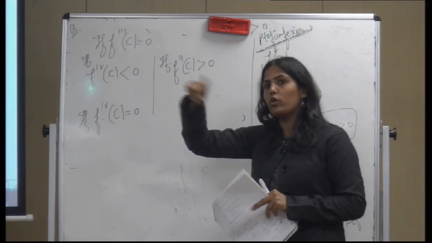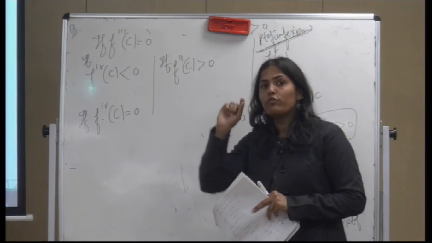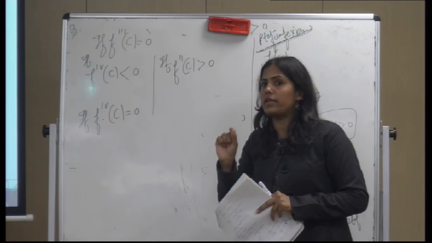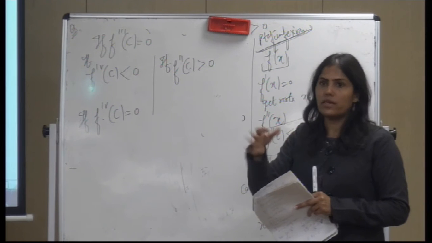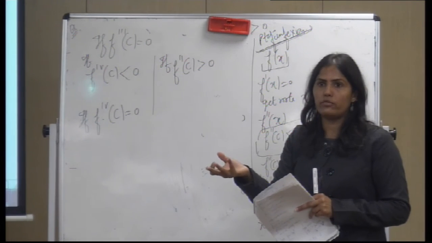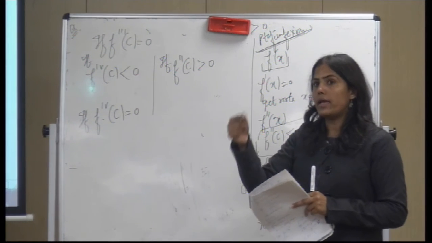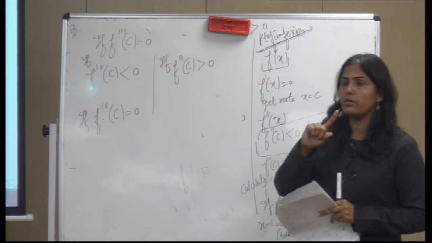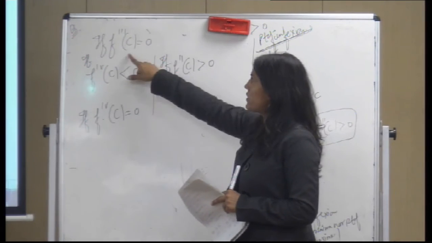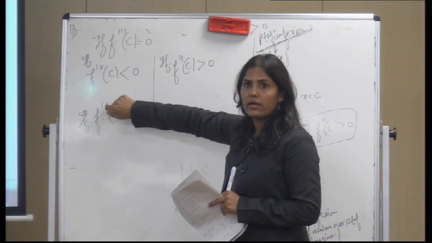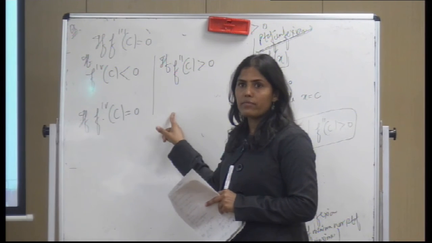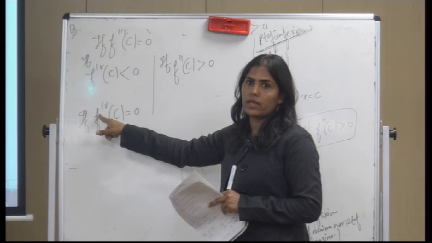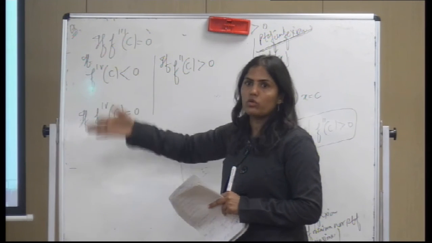You will go to the fifth derivative. In case the fifth derivative is non-zero, then what will you say? It is neither a point of minima nor a point of maxima. Then if the fifth derivative is 0, you will check the behavior at that point with the help of the even derivative, and that even derivative will be the sixth derivative. So this is how you move on.